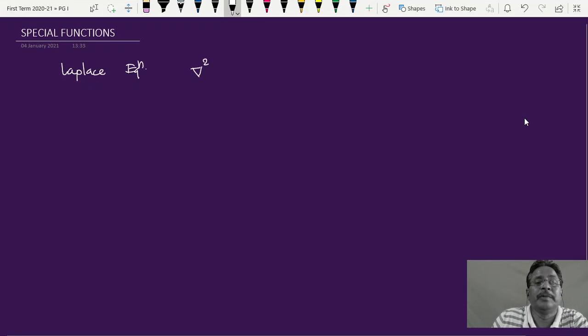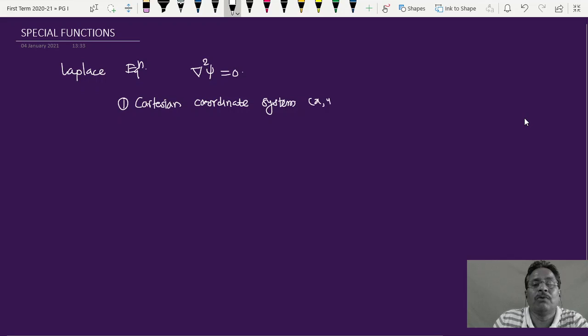That equation is given as del square psi equal to 0. Now remember, we have solved this equation in three different types of coordinate systems. One is called the Cartesian coordinate system, that is X, Y, and Z, three-dimensional.